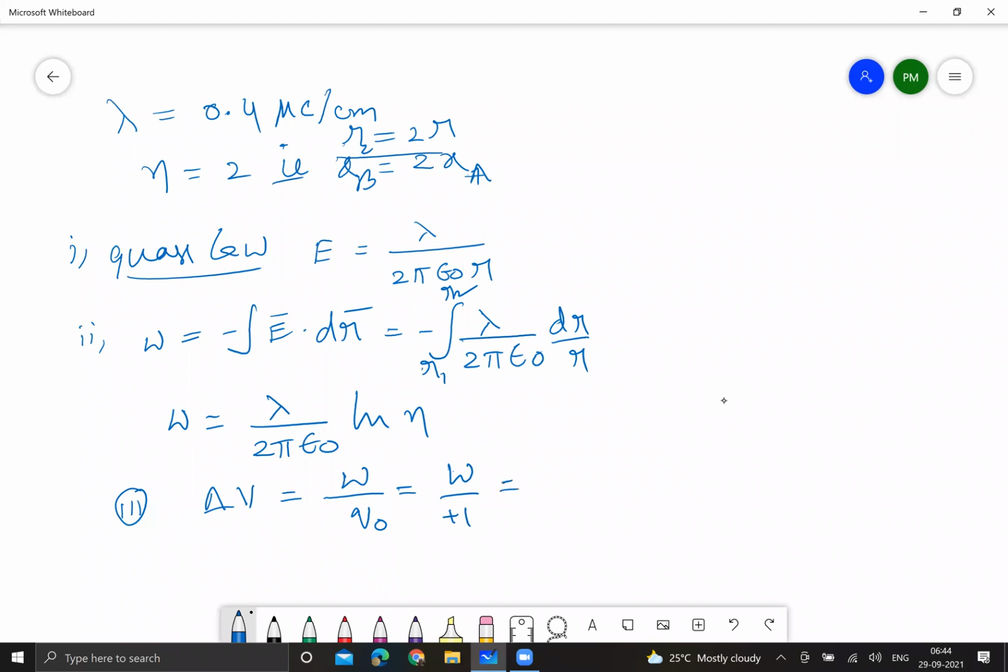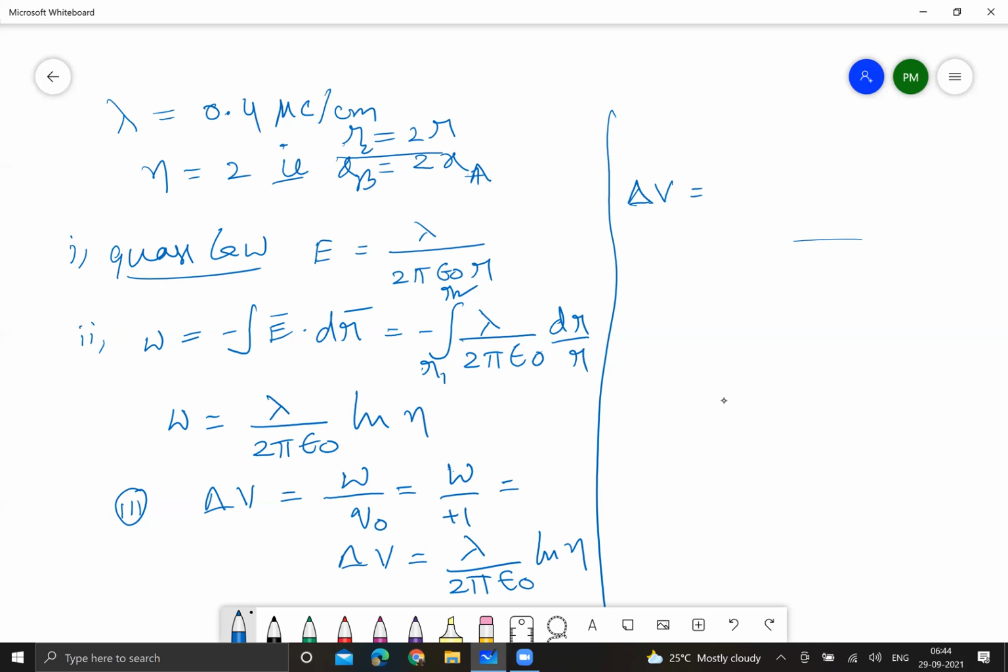So we'll be getting delta V equal to lambda by 2 pi epsilon 0 into log of eta. In fact, the formula is important, so I made it numerical.